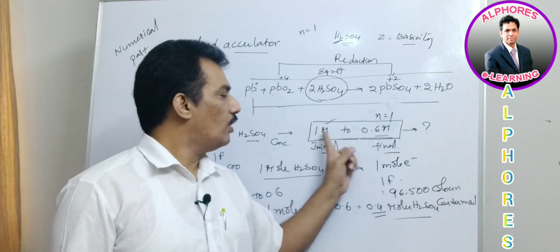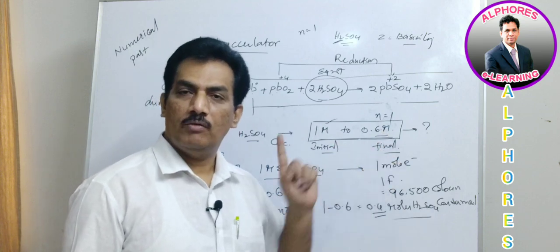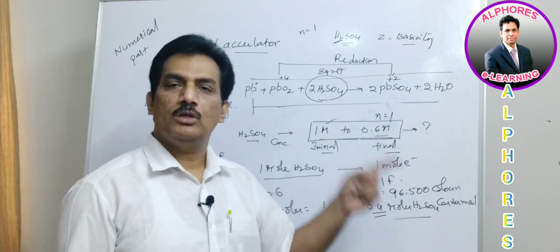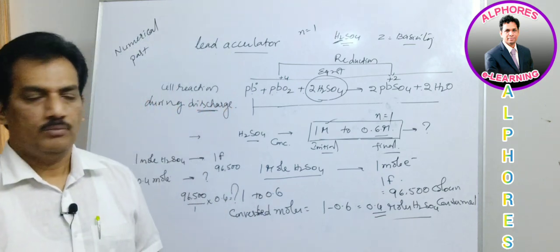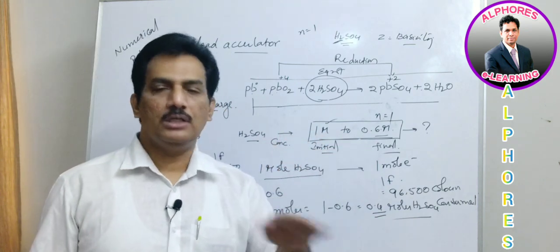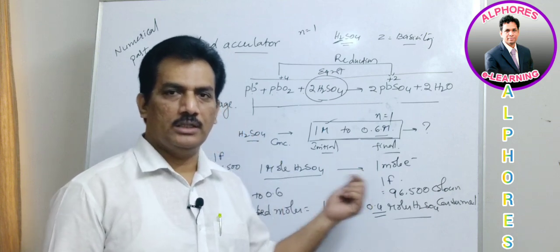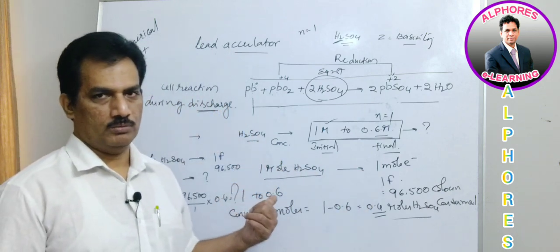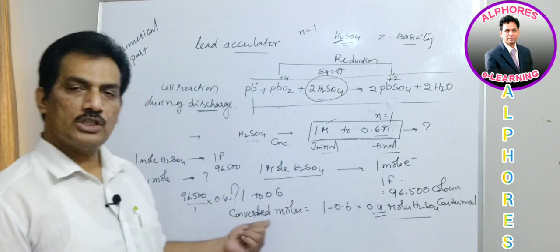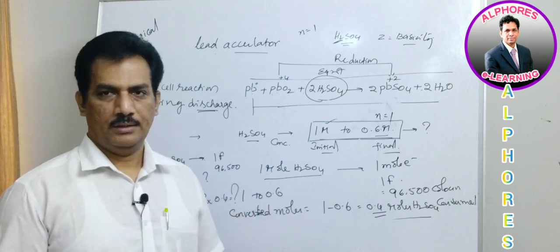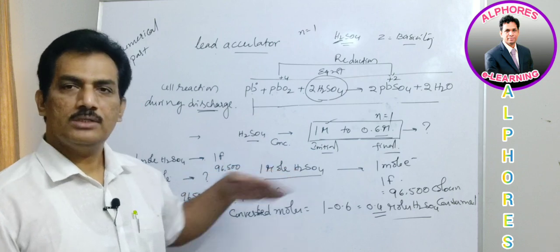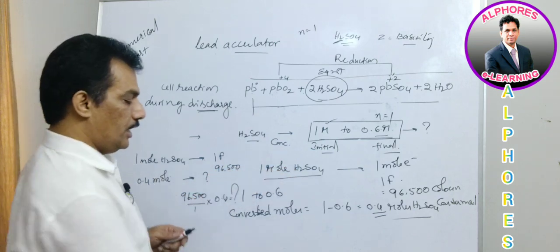It is 1 molar to 0.6 molar in 1 liter, which means 1 mole to 0.6 moles is converted. The difference is consumed during the reaction. So when 1 mole of H2SO4 is consumed, it can generate 96,500 coulombs, and when 0.4 moles is consumed, how much is generated? Like that you can solve the numericals related to this lead accumulator.